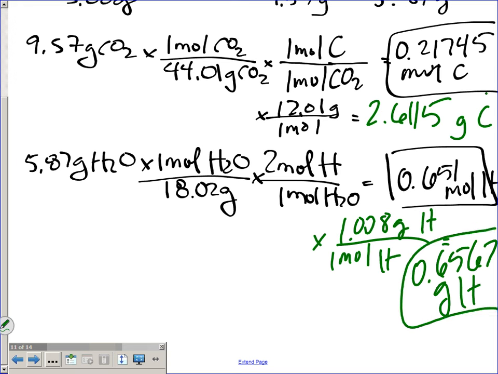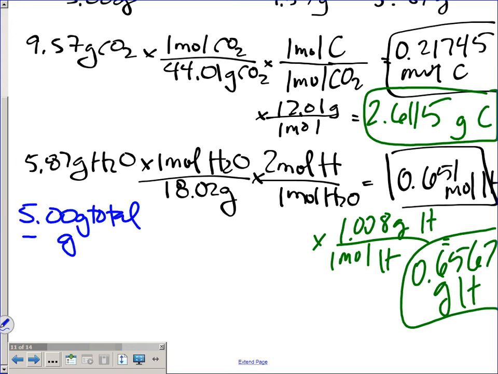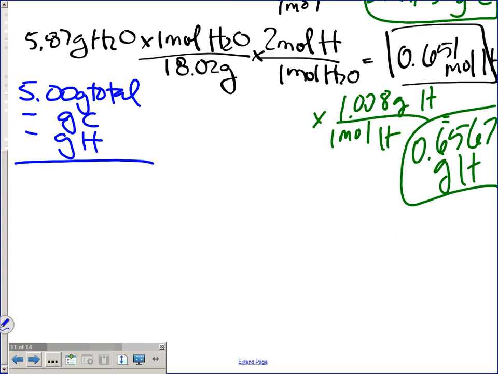Circle, square off, and label, whatever you have to do so you don't miss where your work is. Okay, and when we add that up between the two components we do know, that is, I didn't add it up, I just subtracted twice, but there we go, 5 grams total, minus the grams of carbon, minus the grams of hydrogen, is 1.7318 grams of oxygen.